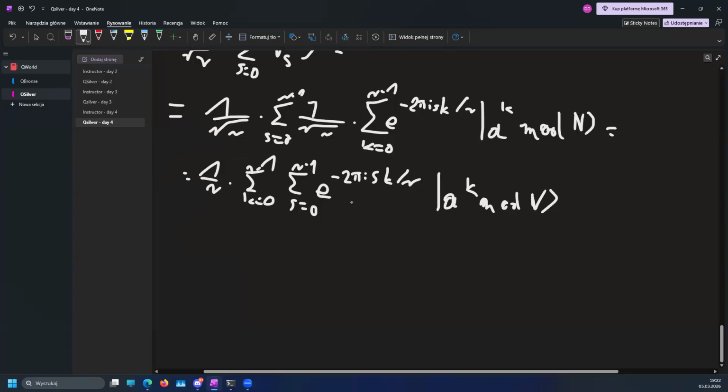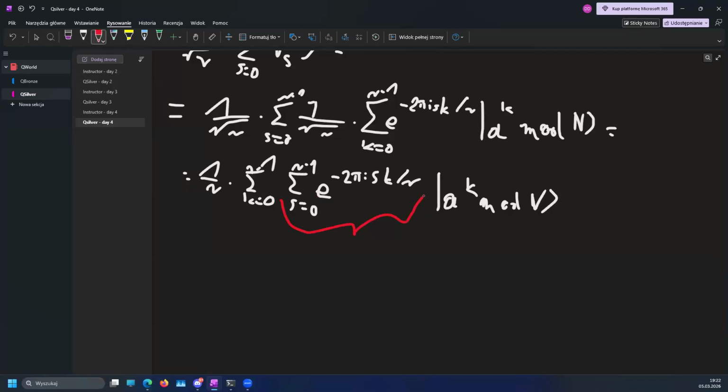And now, if you think about this expression, about the whole summation, if k is equal to 0, the first term, this whole exponent is also 0. So every element in this summation is equal to 1 because we have e to the power of 0. So if k is equal to 0, then we have e to the power of 0, which is equal to 1.